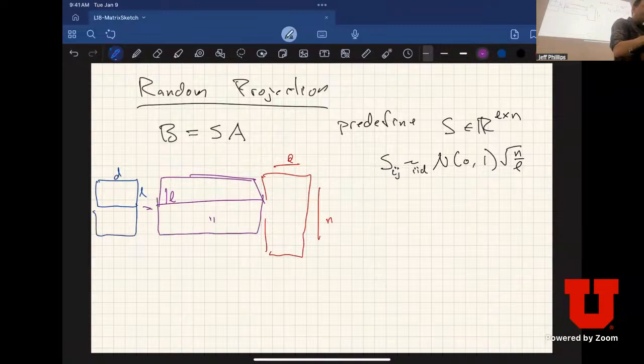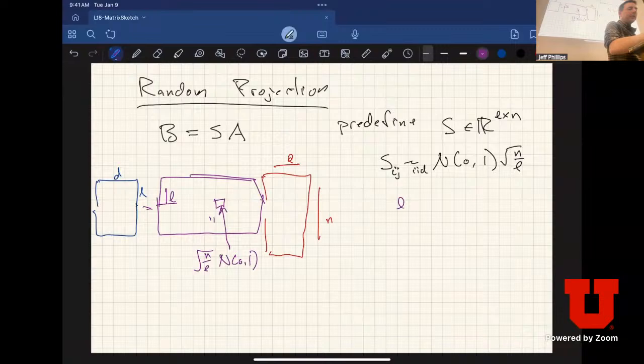Okay, so I'm going to make each entry in here an IID random variable, again scaled by n over L. So I'm projecting onto a space, and the idea is that I want L to be much less than n.